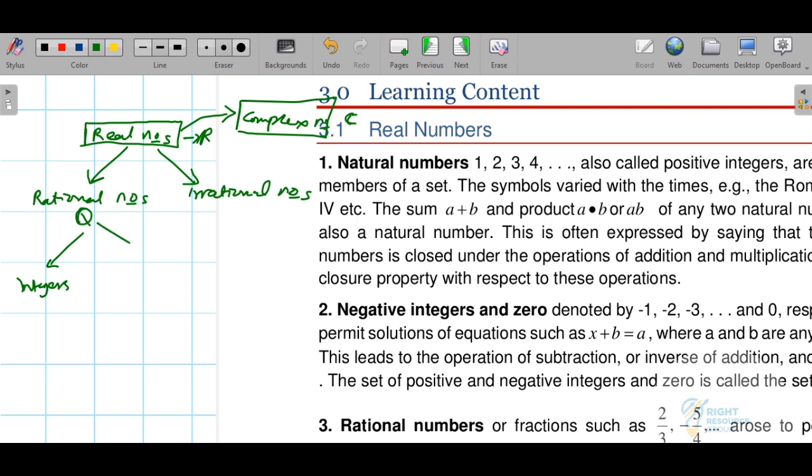We have integers and we have non-integers.